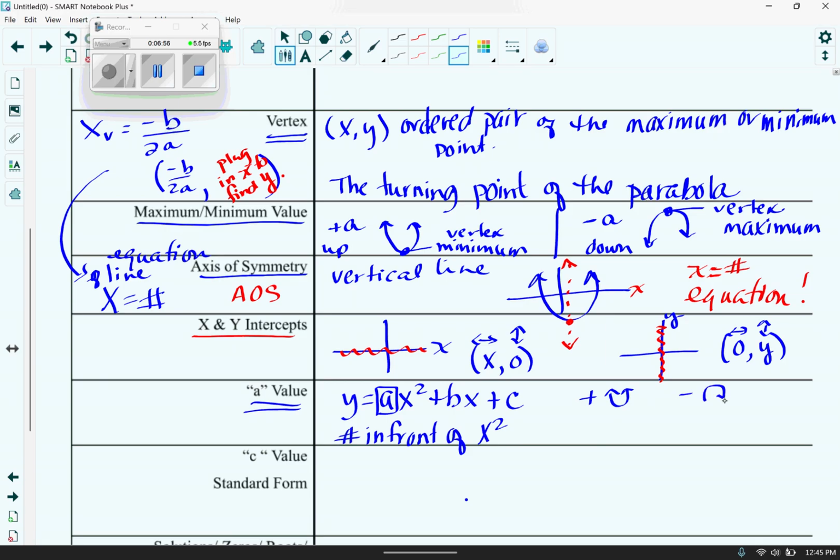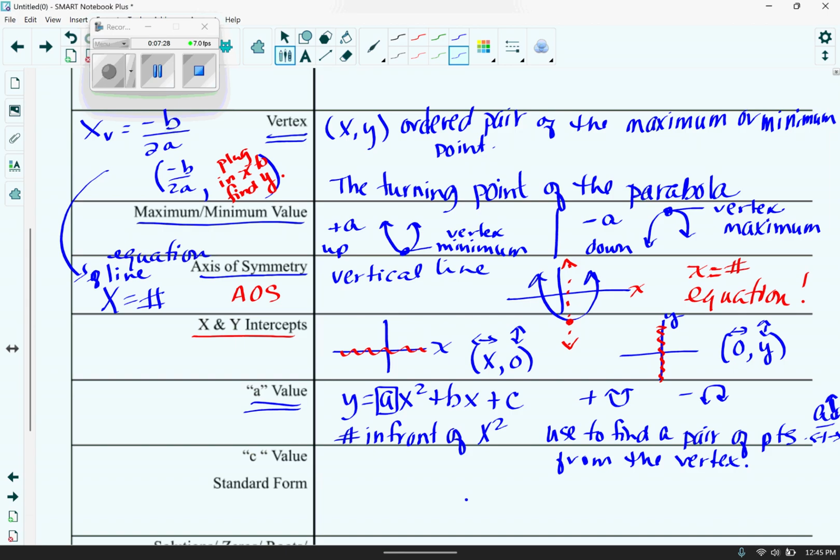Negative, it says it opens down. And use it to find a pair of points. It's going to be a over 1 from the vertex. And that 1, you're going to go right and left that 1. The a value is your up and down.